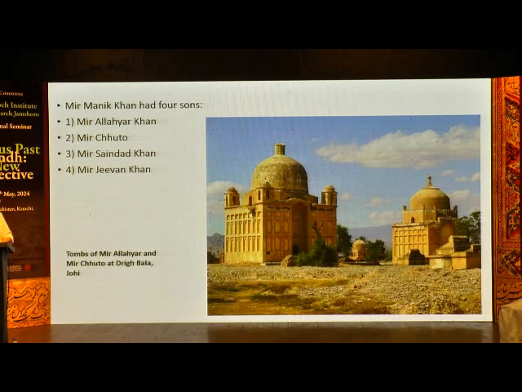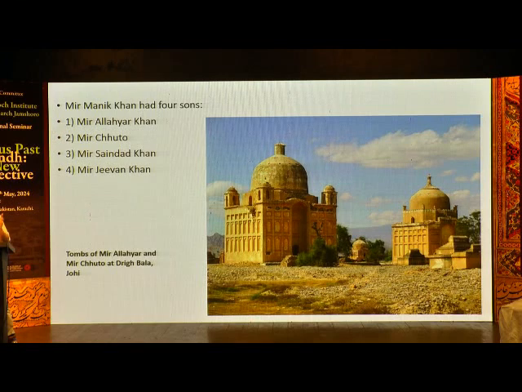So let's move to another slide. So now I'm discussing about Mir Manik. So we know that Mir Manik had 4 sons. Why names are important? So as anthropologists, we are very interested in the genealogy and the names to establish or connect missing links.